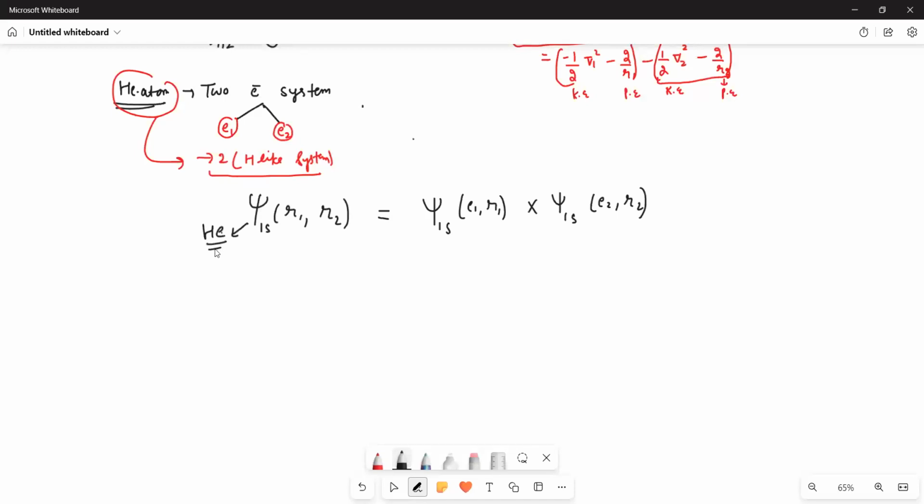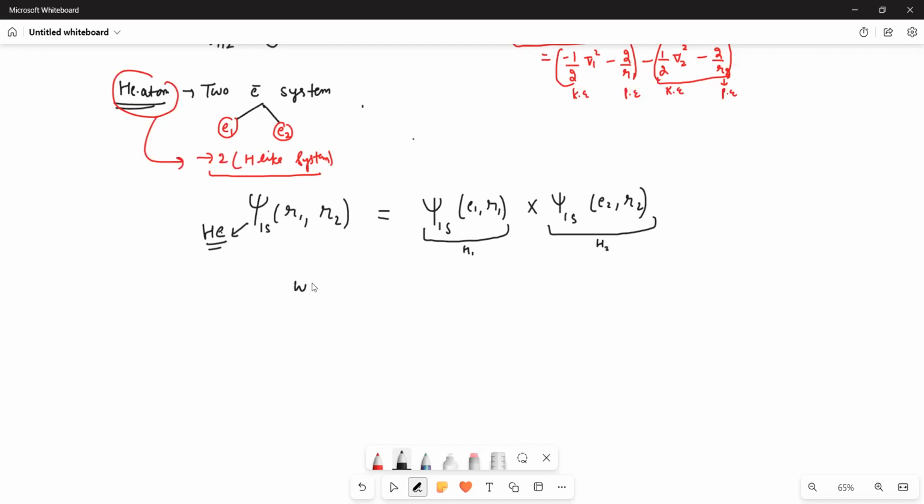But what we have assumed is that the helium atom is equivalent to two hydrogen-like systems. So this is for the first hydrogen and second hydrogen, or for the first electron and the second electron.